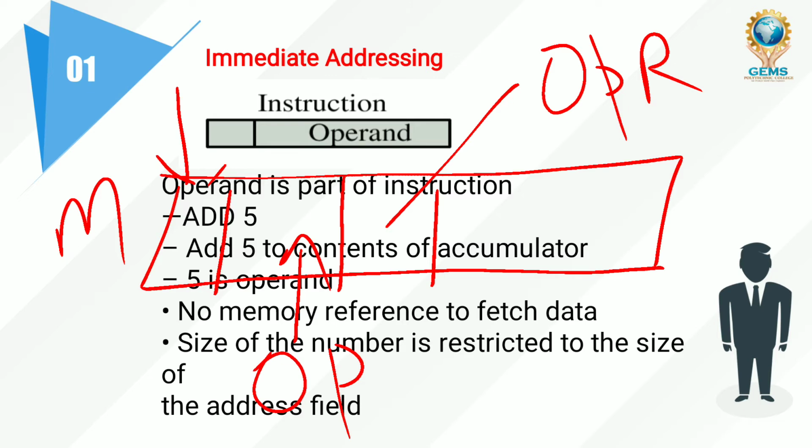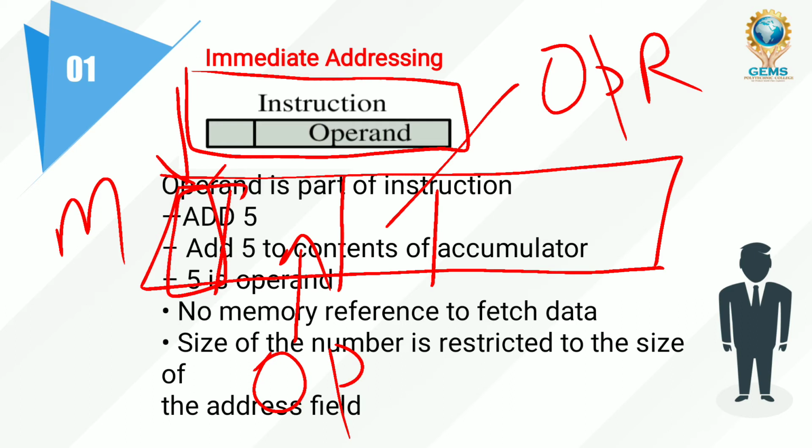Dear students, first this bit indicates the mode, and the next 3 bits indicate the opcode, and again 3 bits indicate the operand. What you can see at the top of the instruction, the operand is given. I am talking about this part only, this operand.